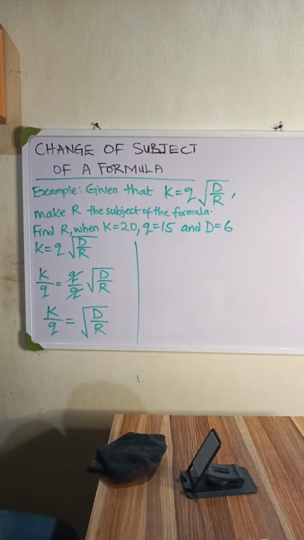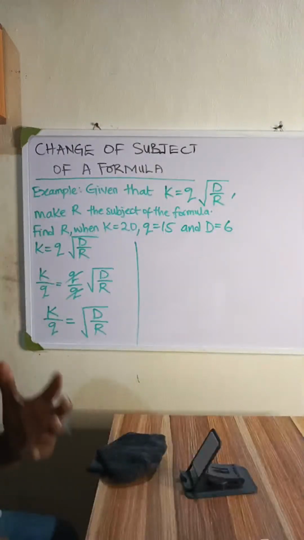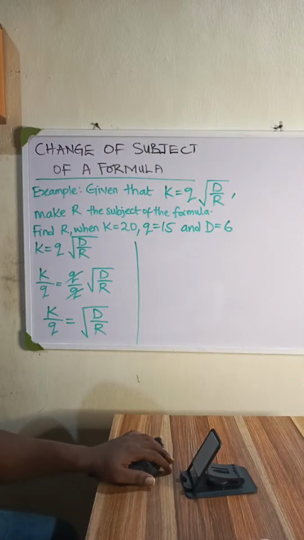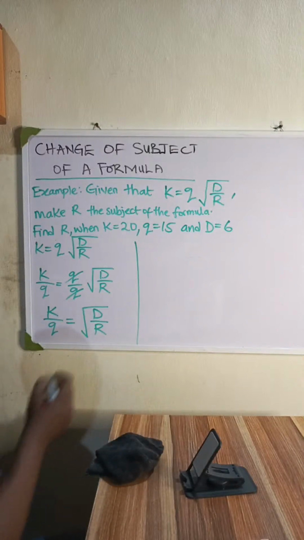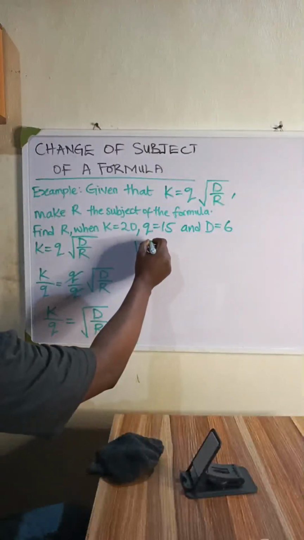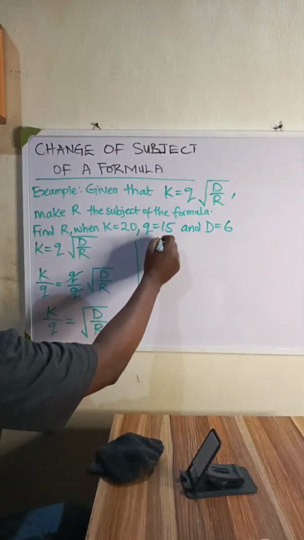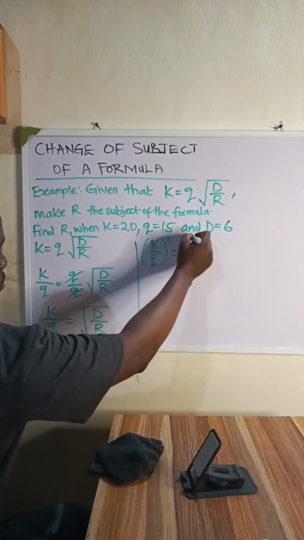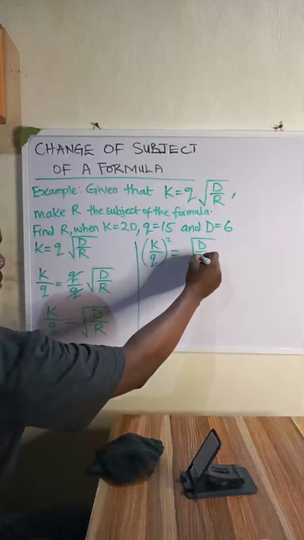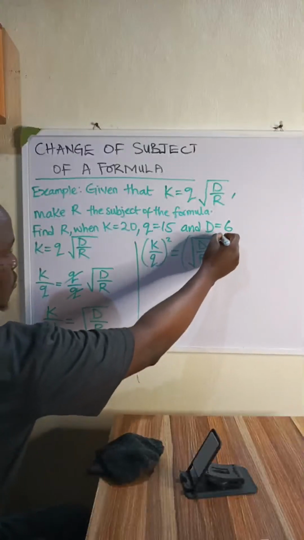The next step is we need to eliminate the square root. For us to eliminate the square root, we need to introduce the opposite of square root, which is square. So that means we're going to square both sides of the equation. So we have k all over q squared is equal to square root of d all over r squared.